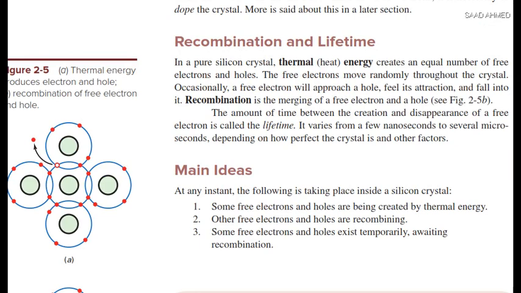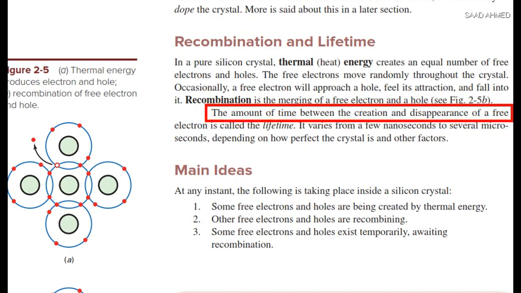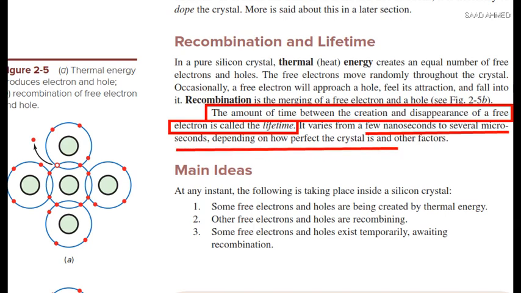One more term here: the amount of time between the creation and disappearance of a free electron is called lifetime, and it varies from a few nanoseconds to several microseconds depending upon how perfect the crystal is.